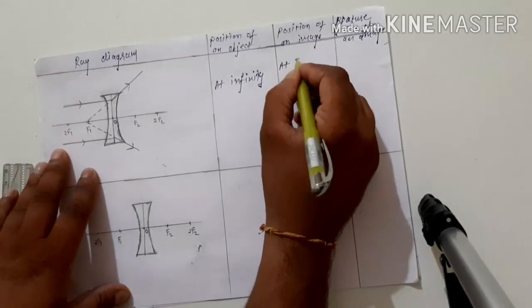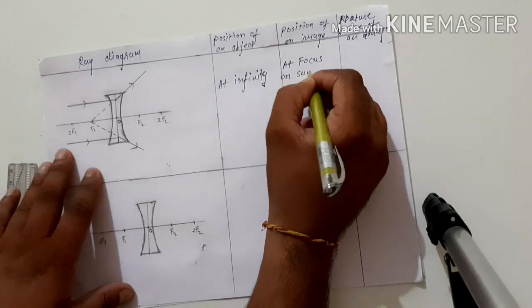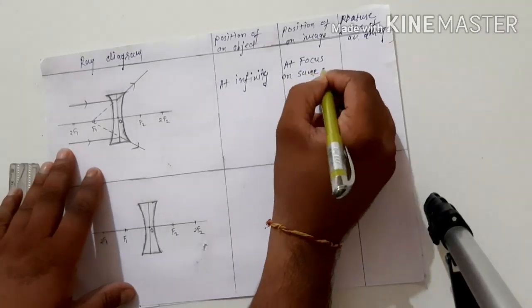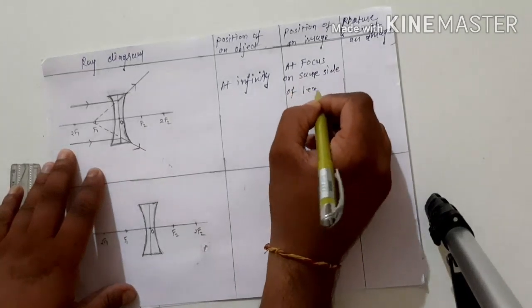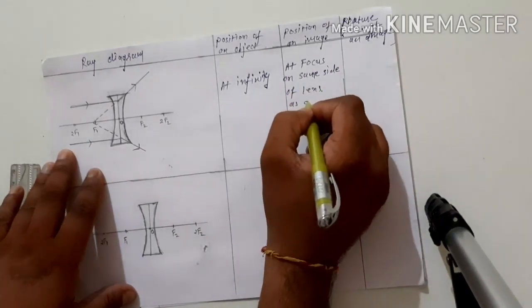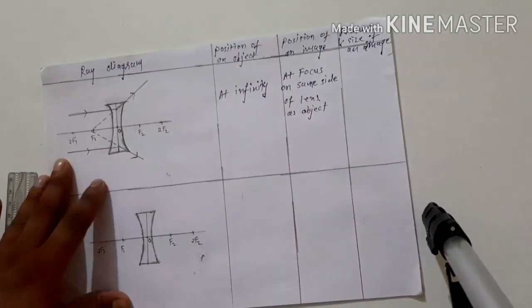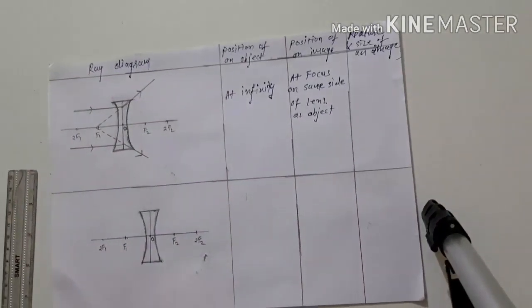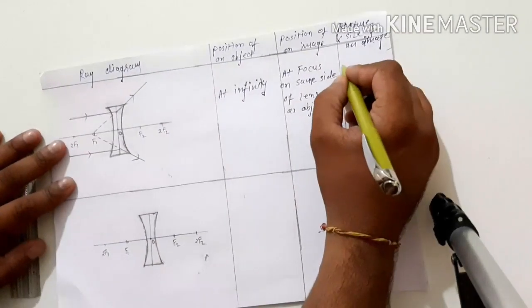So if the object is at infinity, we will get our image at point f1. So f1, our focus, is on the same side of the lens as the object is placed. How will it be?